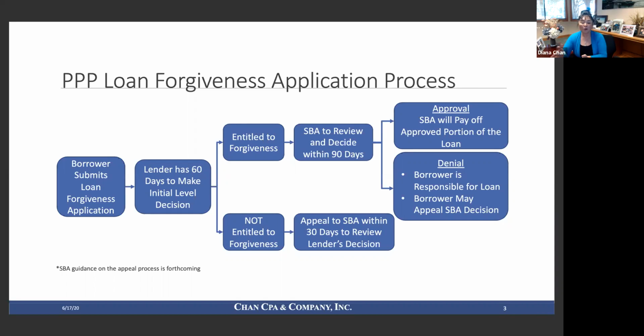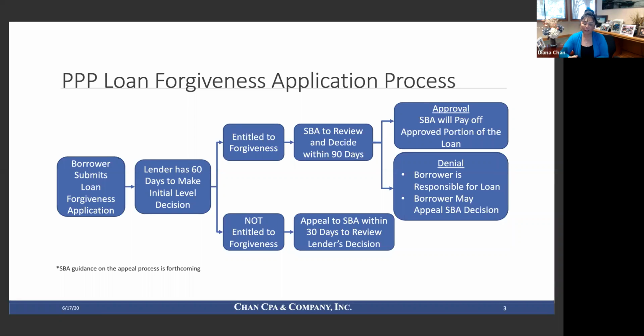Thus, it will go through the approval level, and the SBA will then pay off the approved amount of the loan to the lender. However, if the lender within that 60-day period decides not to forgive the loan, you have at that time 30 days to appeal this decision to the SBA directly.